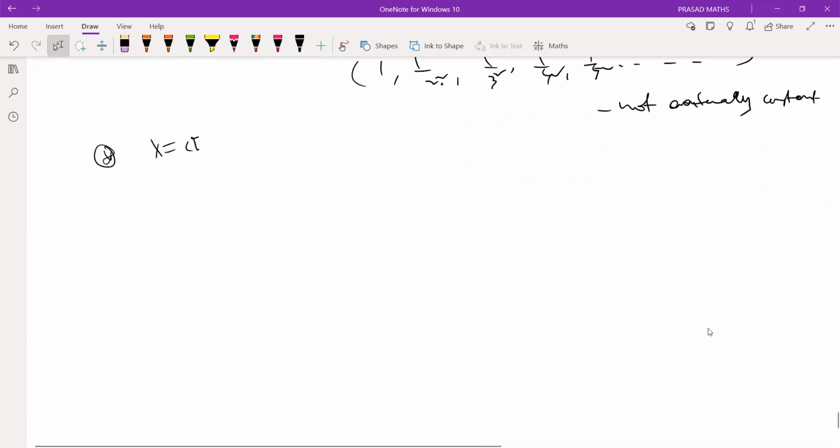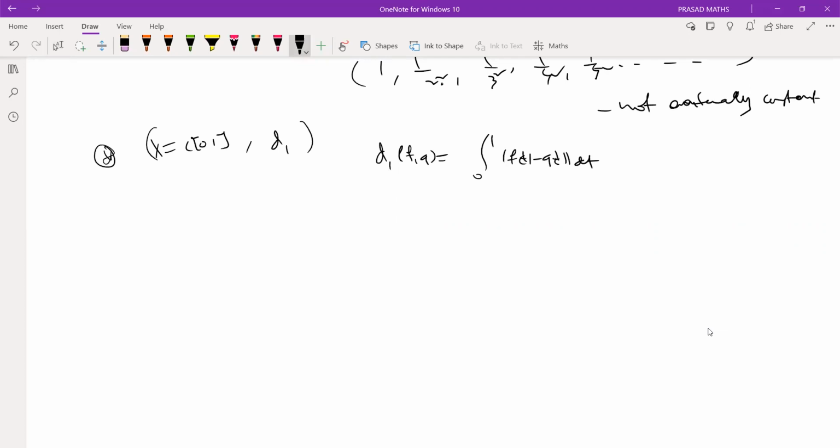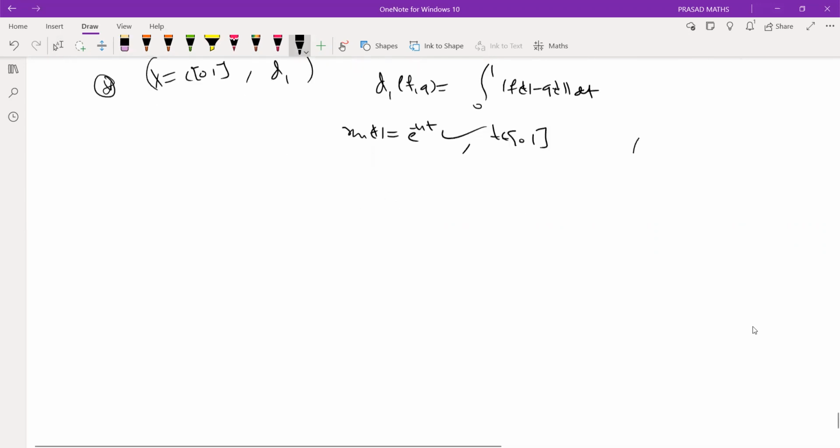So next, suppose you take this example. Suppose X is C[0,1], the continuous functions with respect to the d_1 metric. Suppose my sequence x_n(t) is equal to e to the power minus nt. This is clearly a continuous function, because an exponential function is a smooth function, in fact infinitely differentiable.